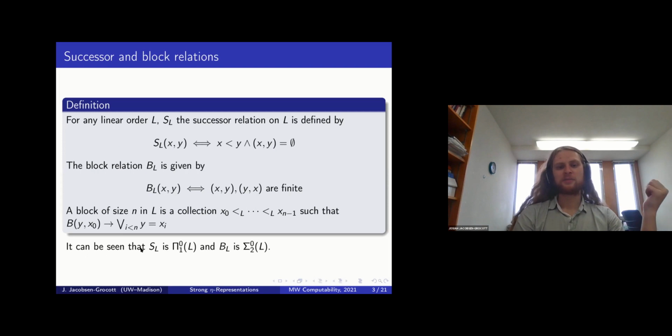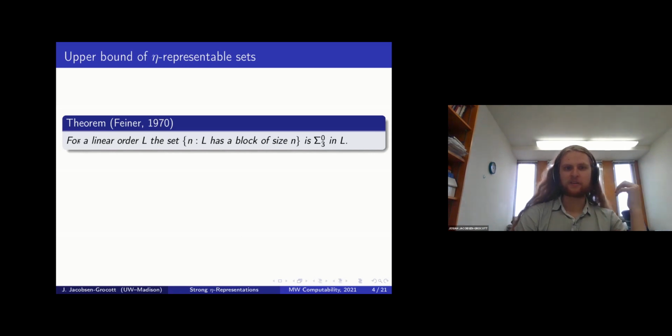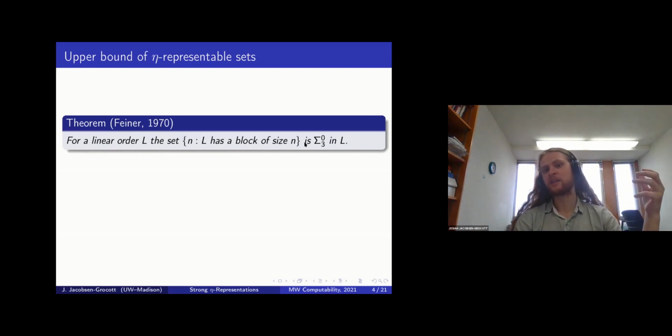It can be seen that the successor relation is always Pi^0_1 in the linear order, and the block relation is always Sigma^0_2 in the linear order. If we look at the collection of block sizes, Feiner in his thesis showed that for a linear order L, the set of n such that L has a block of size n is always Sigma^0_3 in the linear order.